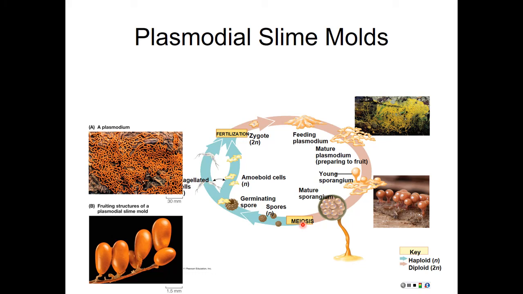Okay, so we make these spores, and these spores will germinate and then can fuse with a different haploid cell in sexual reproduction.